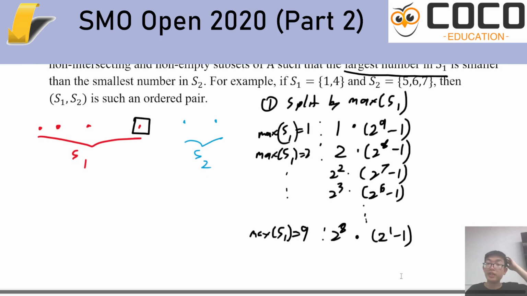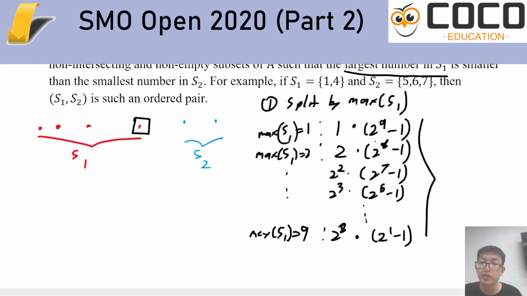A very quick computation of this is possible because you are just going to get 2 to the 9 appearing 9 times, and then the sum from 1 to 2 to the power of 8.